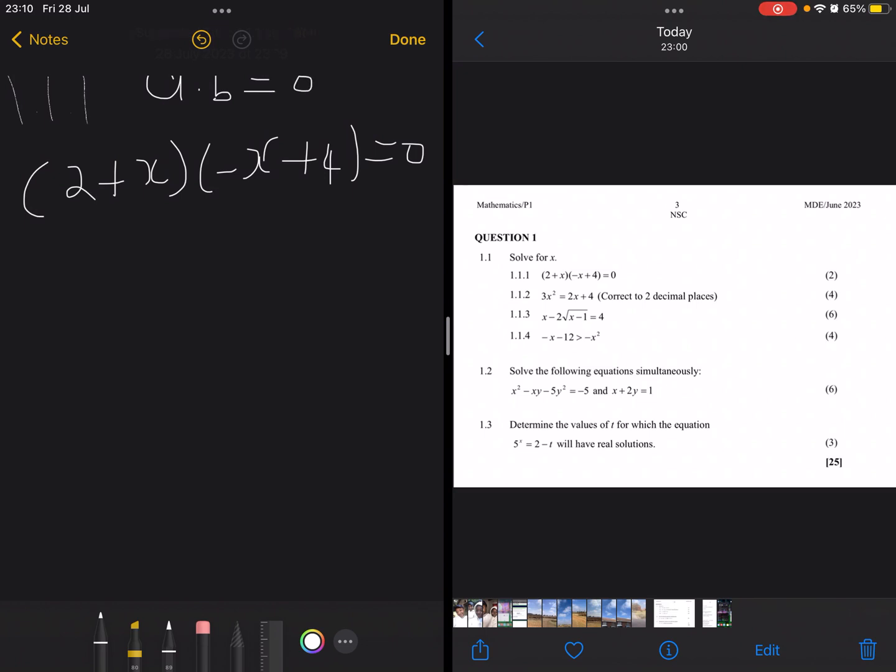which is called the zero law, whereby either a is equals to 0 or b is equals to 0.